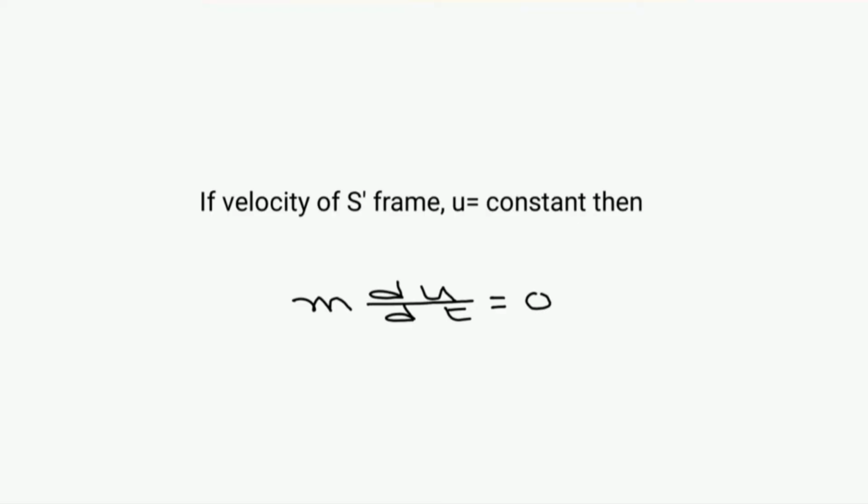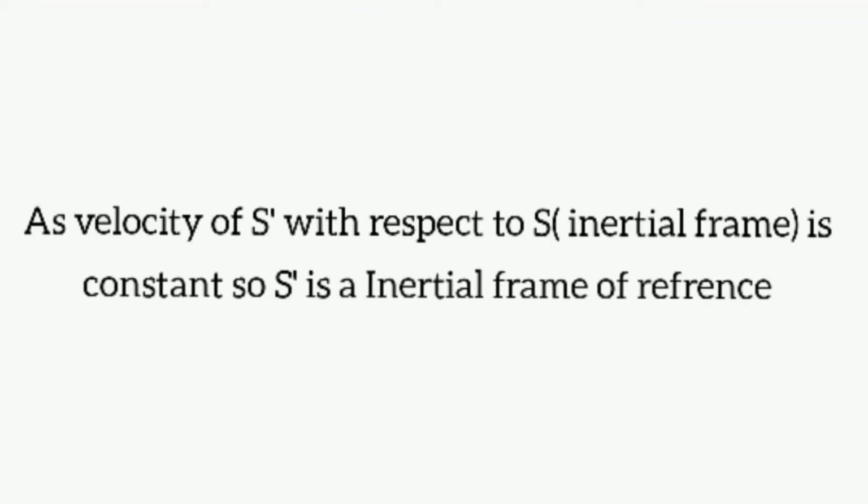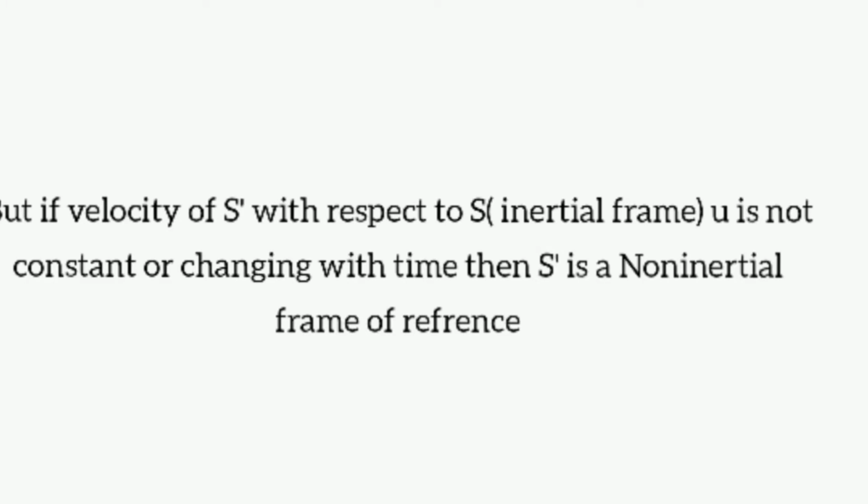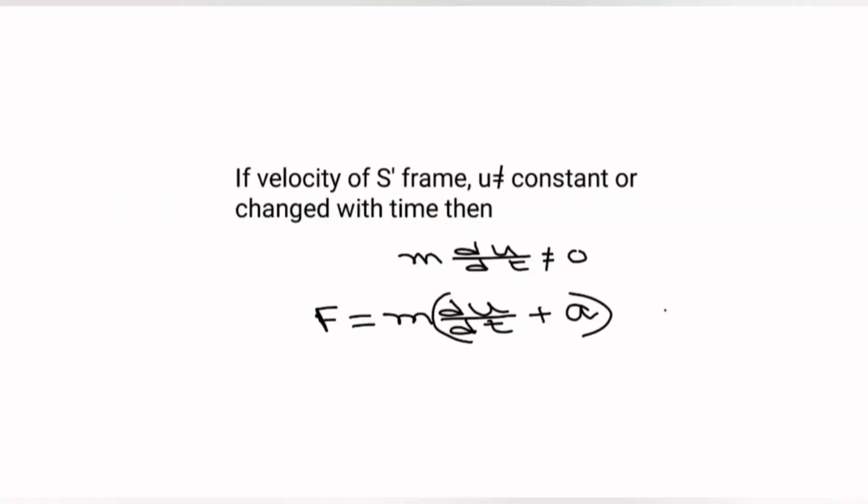So no force is applied on the S dash frame, and Newton's laws are applicable on this frame, and this time the S dash frame is inertial. But if u is not constant or is changing with respect to time, then Newton's laws are applicable on the S frame but not on the S dash frame.